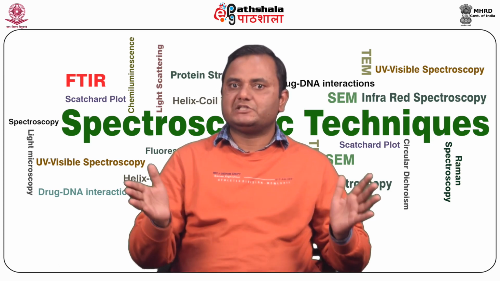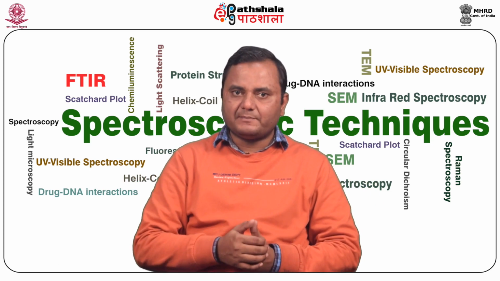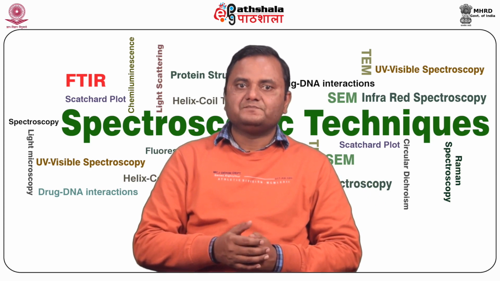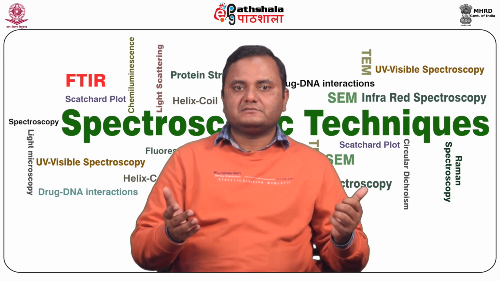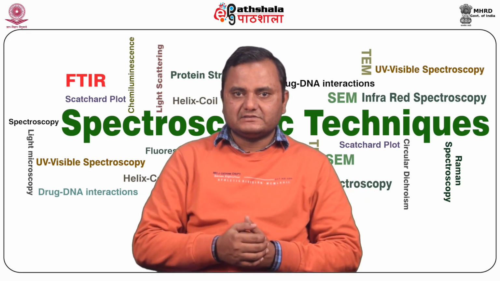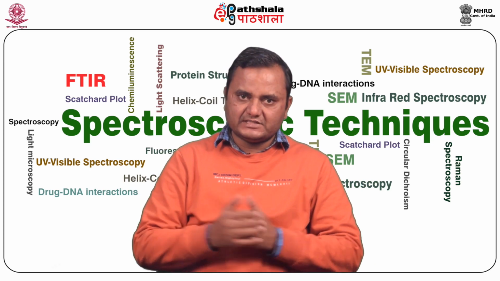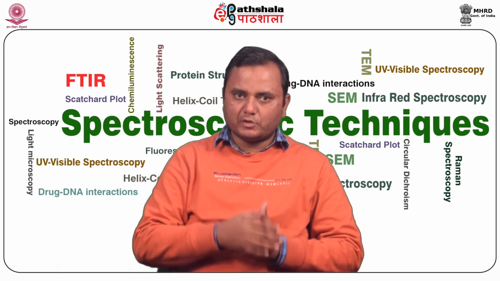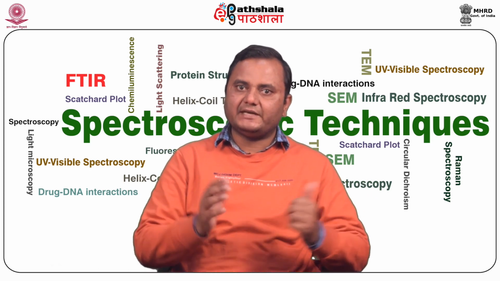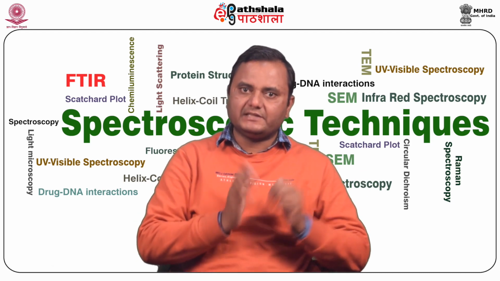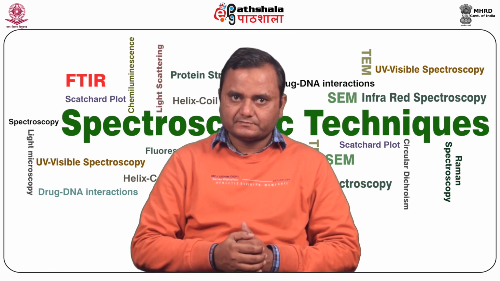The protein concentration is generally 0.5 milligram per ml, stabilizers such as metal ions should be minimum, and the buffer concentration should be 5 millimolar or as low as possible to maintain protein stability.